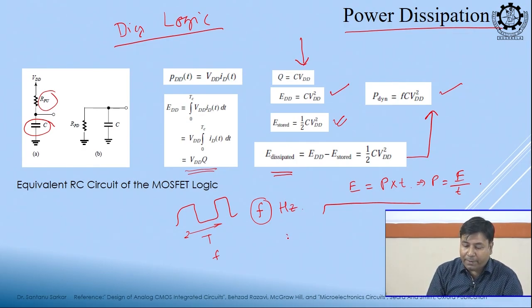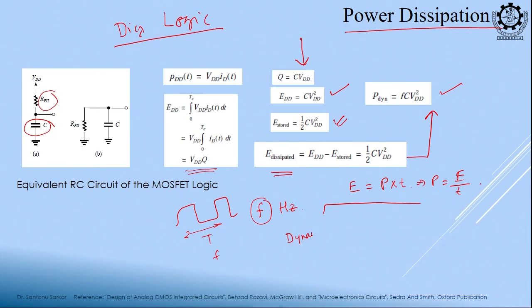So, my dynamic power depends on which terms? It depends on my frequency of operation, it depends on my load capacitance, it depends on my supply voltage. Okay.